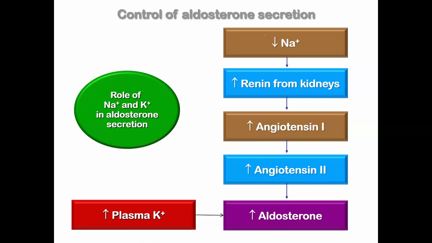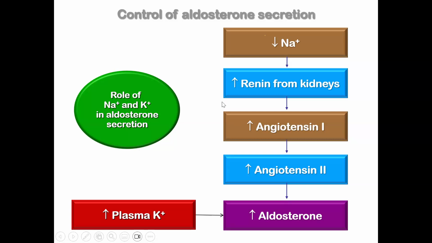So there are two stimuli to increase the secretion of aldosterone: high plasma potassium levels and low sodium levels. High plasma potassium directly stimulates the release of aldosterone, whereas low sodium levels stimulate the release of aldosterone through activation of the renin-angiotensin system.